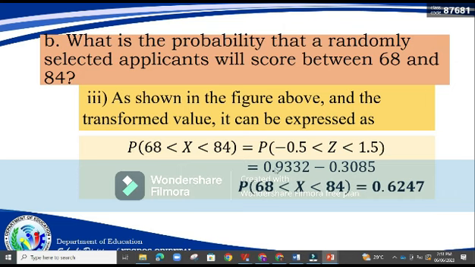We're going to get the area in between the two z-scores. We have 0.9332 minus 0.3085. Then we're going to subtract that one. This is now the resulting value. The probability when x is greater than 68 but less than 84 is equal to 0.6247.